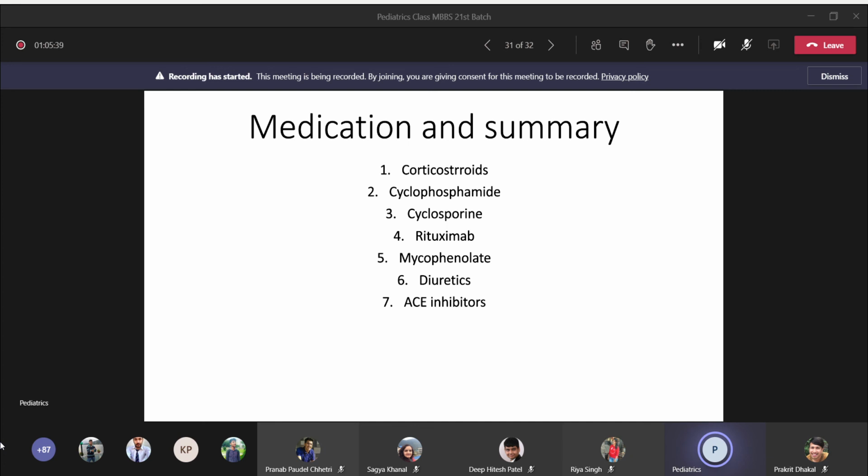That's why you have to give other drugs: cyclophosphamide, cyclosporin, rituximab, then mycophenolate, and then diuretics and ACE inhibitors. So these are the alternative drugs for the patient having frequent relapse or steroid resistance or steroid dependence. So you have to give other drugs also, and the patient will respond.